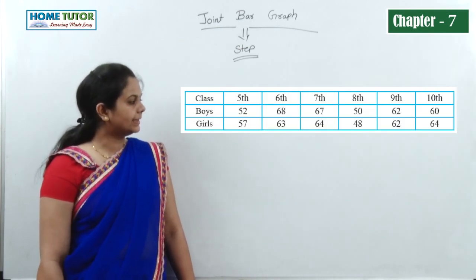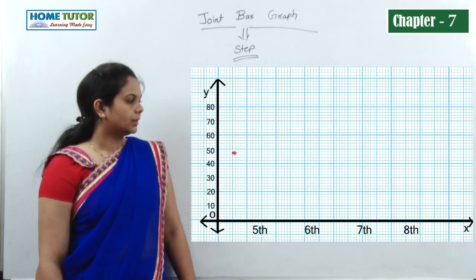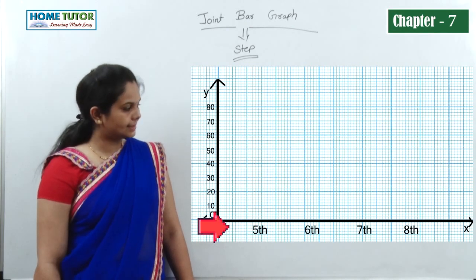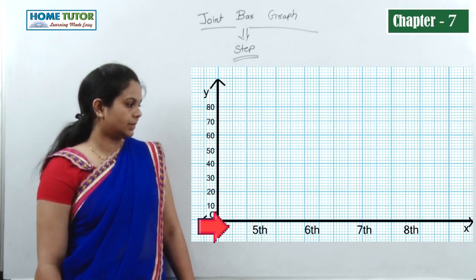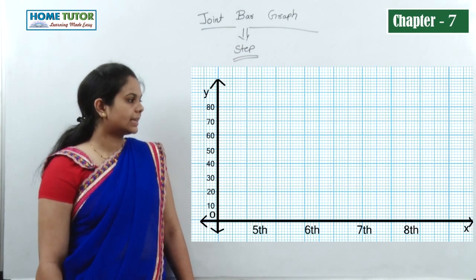We have to represent the number of boys and girls in a classroom. On x-axis we will take classes, say 5th standard, 6th standard, 7th standard and 8th standard. The students are between 1 to 60.